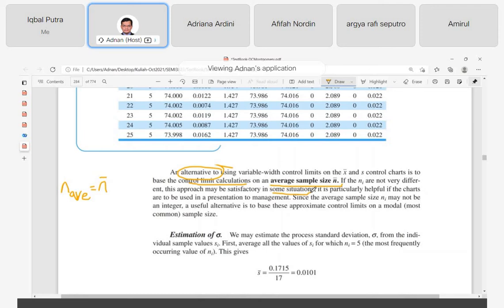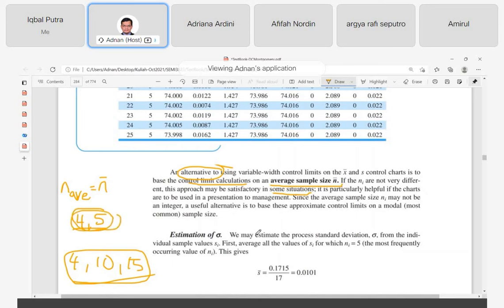What it means is that if we have 4 or 5, not much different, we can take the average. But what happens if some n is equal to 4, another n is 10, another n is maybe 15? This is a very big difference, so it is not advisable to use the average. The average is good if the sample sizes are not much different.